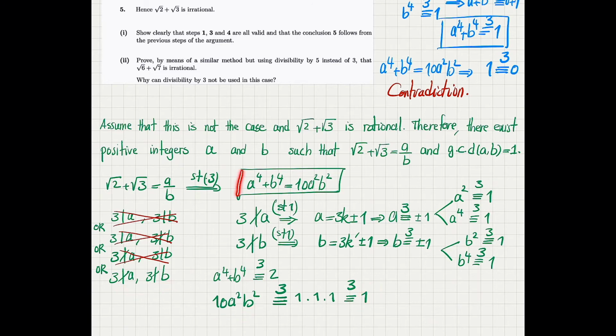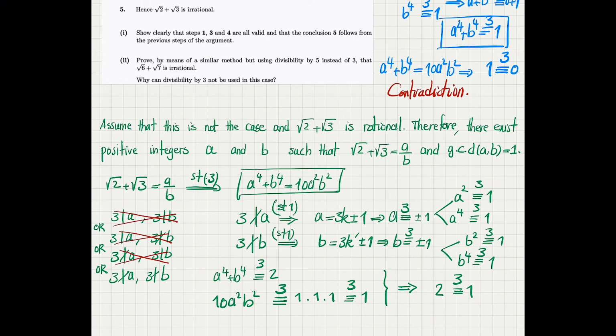On the other hand, these two numbers are supposed to be equal. So then what does it mean? It means that I have to admit that 2 is congruent to 1 modulo 3, because these two numbers are exactly the same numbers. One of them is congruent to 2, the other one is congruent to 1, so 2 and 1 should be congruent to each other modulo 3.